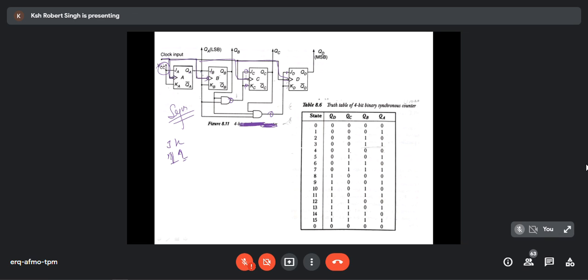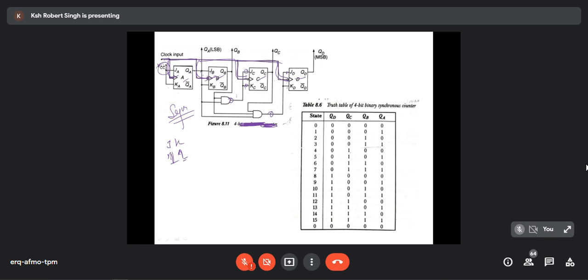How do you know? Clock is given here, here, here, and here. If clock is given to all the flip-flops, that means all these 4 persons will open their eyes together because they have received the signal together simultaneously. Everything will take place simultaneously because clock is given, not one after another.